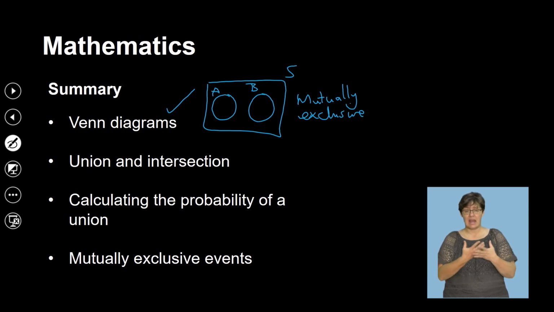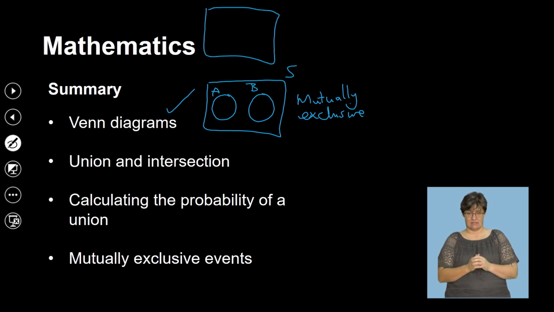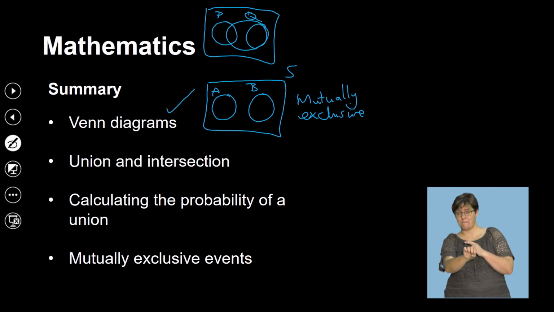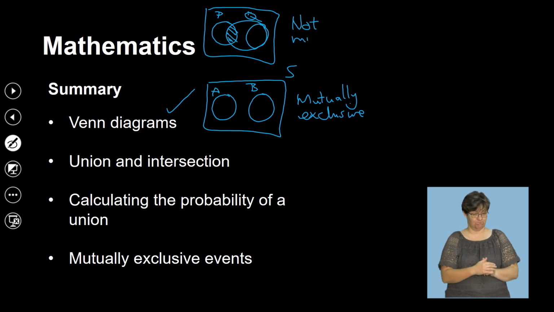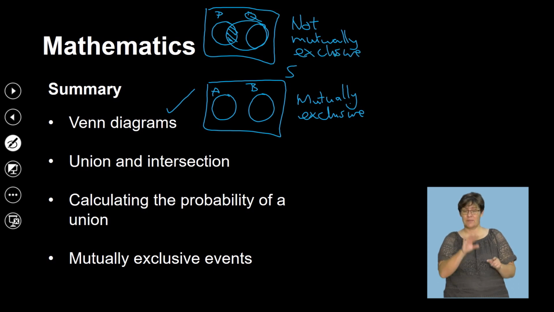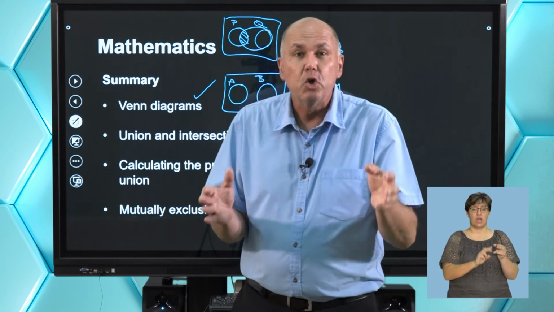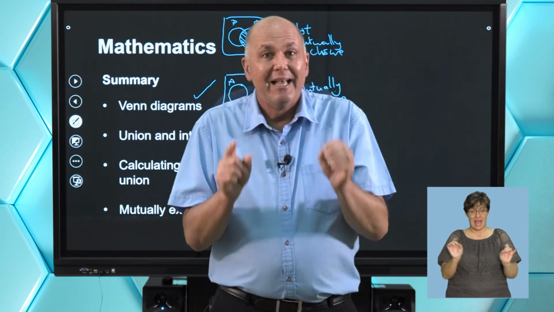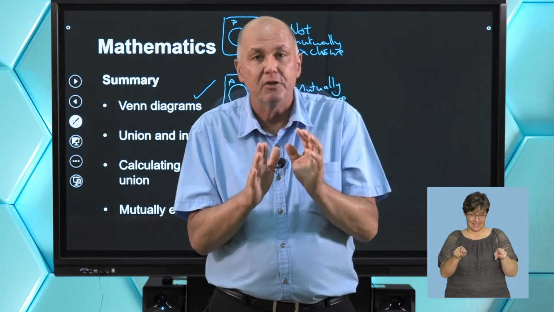On the other hand, I could have two sets, and I'm not going to call them the same. I'm going to call them P and Q, and in this case, let me just make this one a bit bigger. That one is Q, and you recognize there's an intersection. There are common elements. These are not mutually exclusive. So, recognize now, when we talk about union and intersection, we have a very clear definition of those two events.